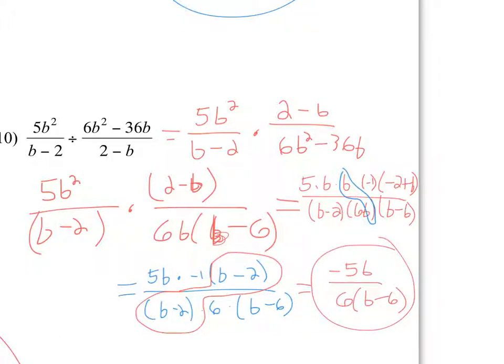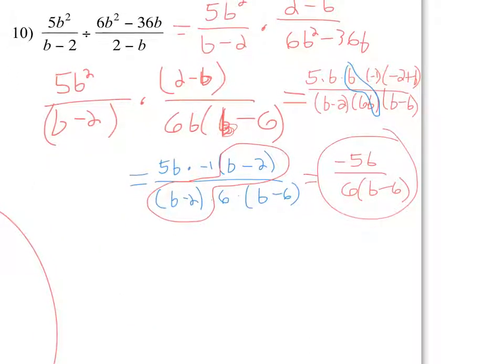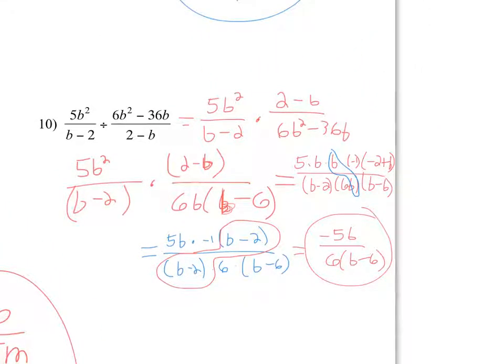And that's as simple as it gets. The trick here was that I had to realize that I could factor out a negative 1, and realize that b squared is really b times b. And that gets me the things that I can cancel out, and if I swap those, it gets me that.